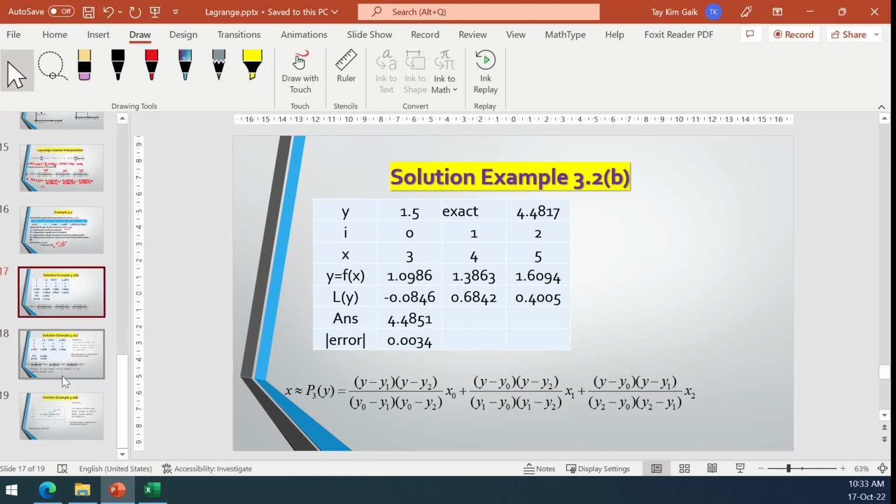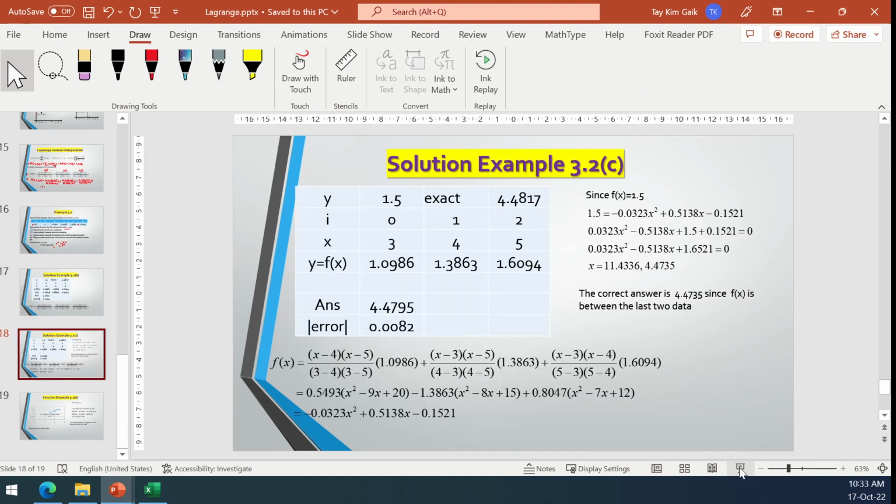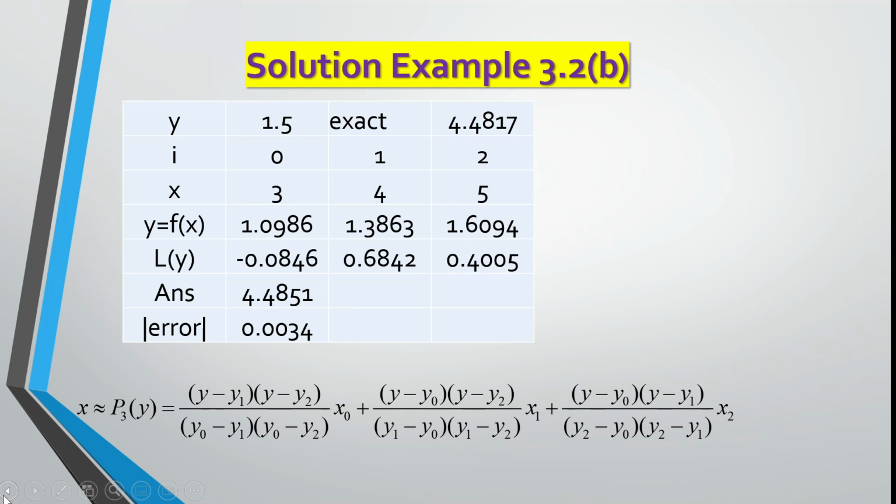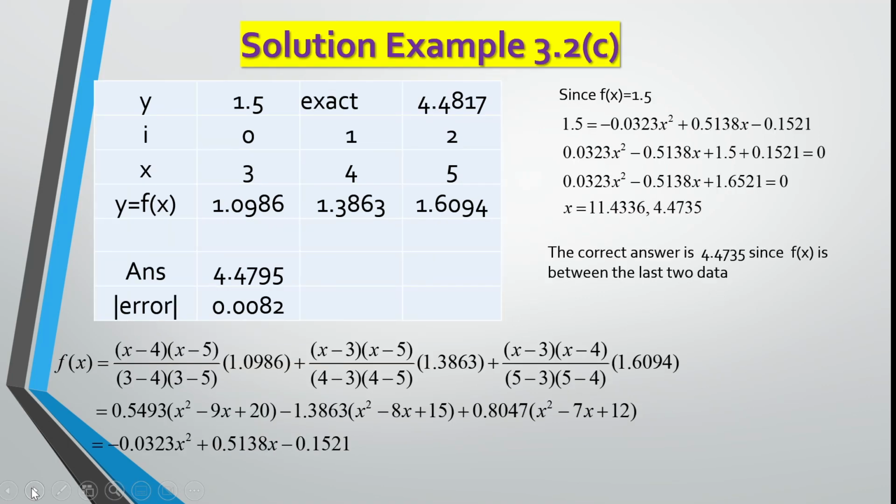For question B, exactly like this. Now, B is inverse interpolation. A is analytic, B is inverse, C is here, using the Lagrange interpolation formula.